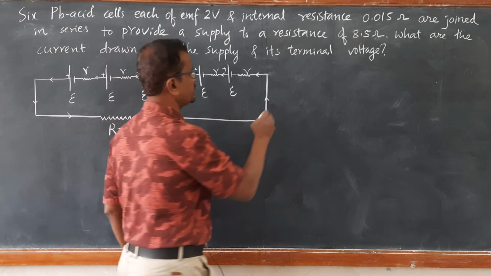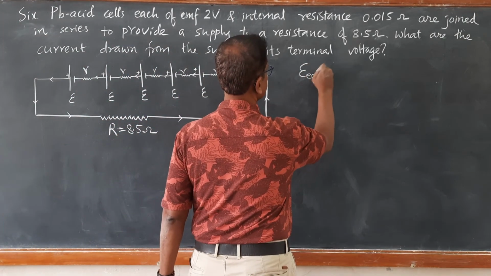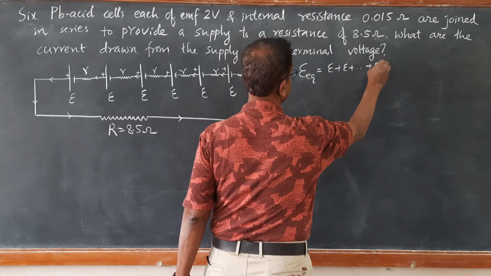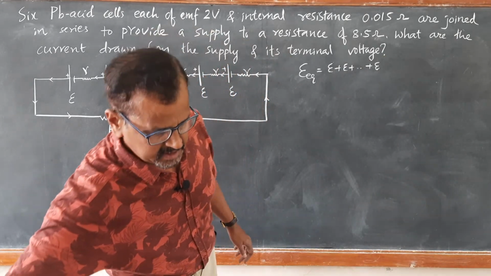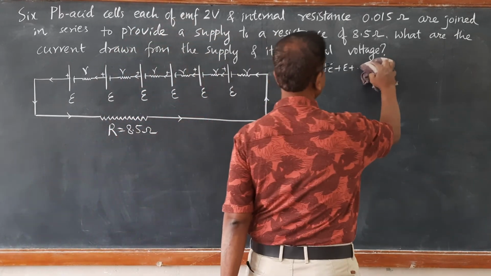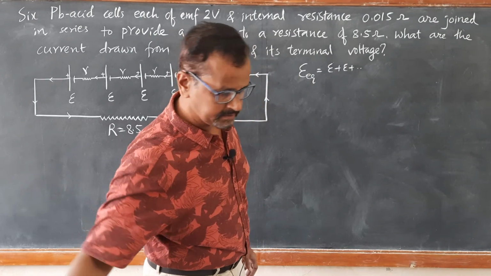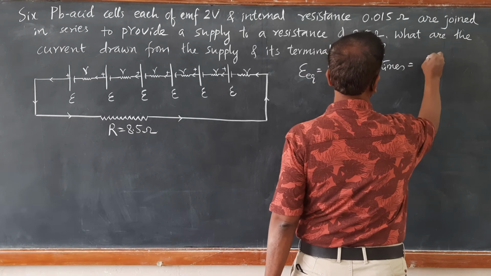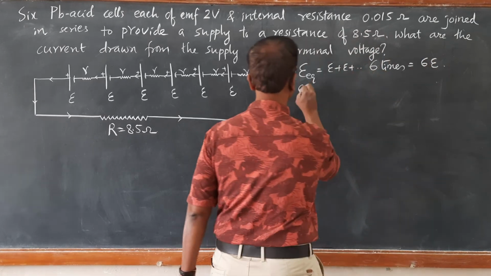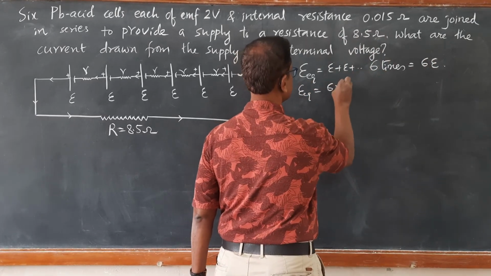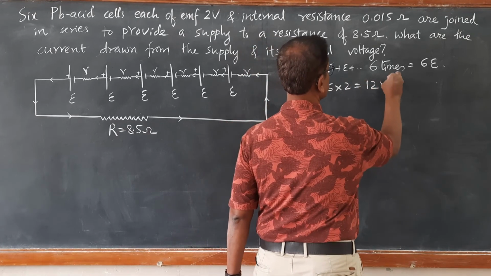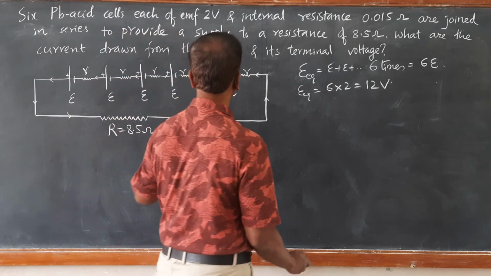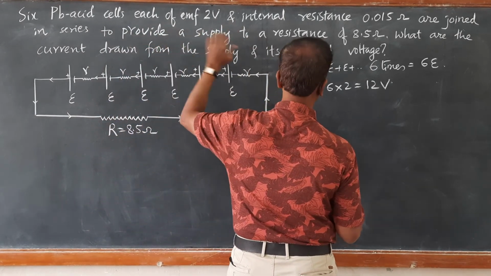So total EMF E equivalent is equal to E plus E and so on up to 6 times. So 6 times EMF, it becomes 6E. Therefore E equivalent becomes 6 into 2, 12 volt, right? Then what is R equivalent? R is 0.015.